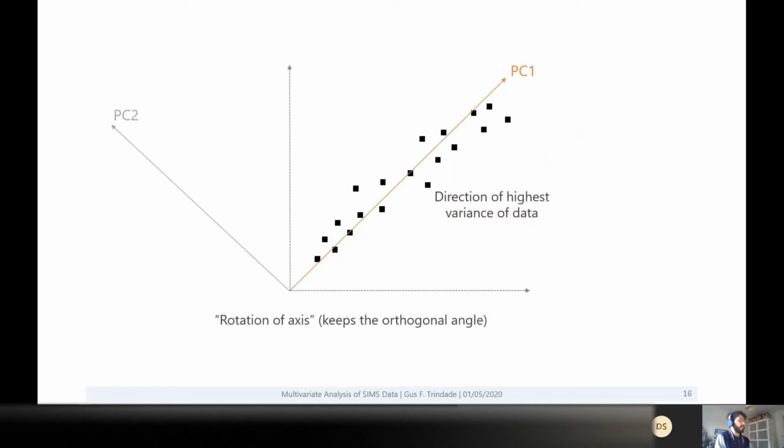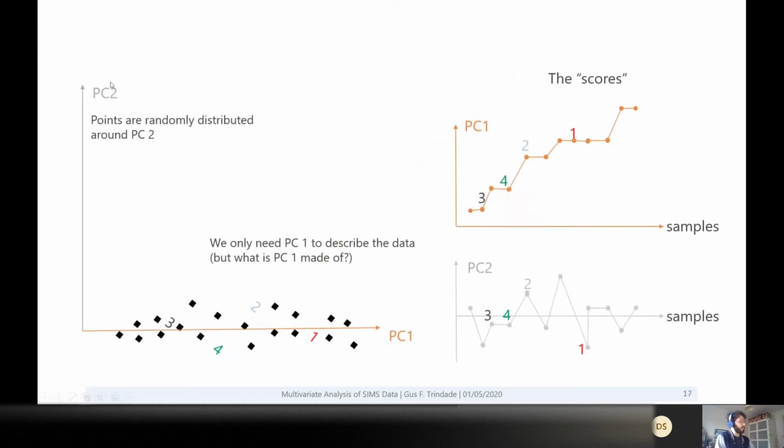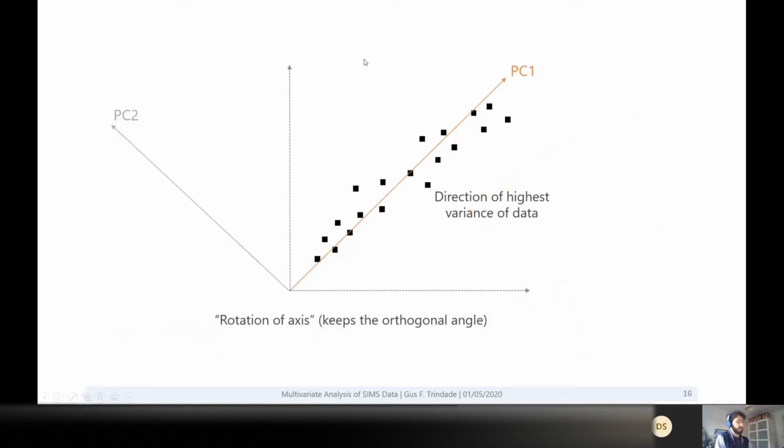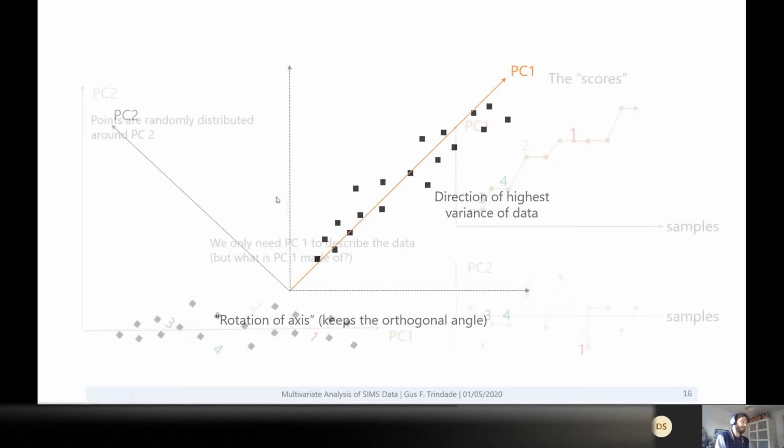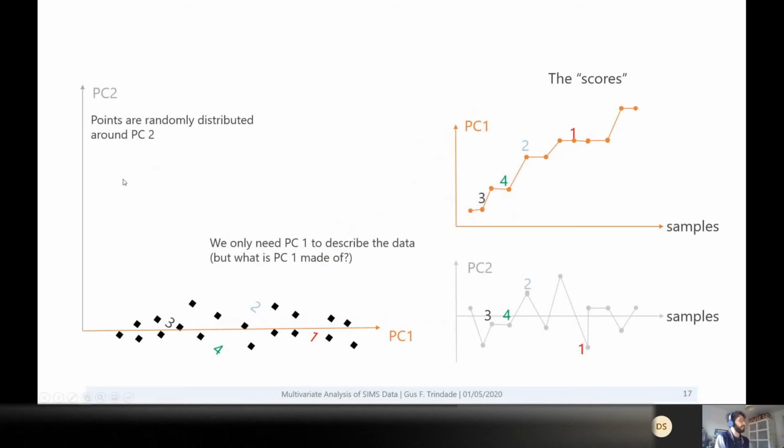And then if we now plot PC1 against PC2, it's just rotating this diagram, and you see that for PC2 the points are randomly distributed around 0, which means it's just noise or variation. In terms of SIMS, it will be noise most of the time. So in this case, we only need PC1 to talk about this data.